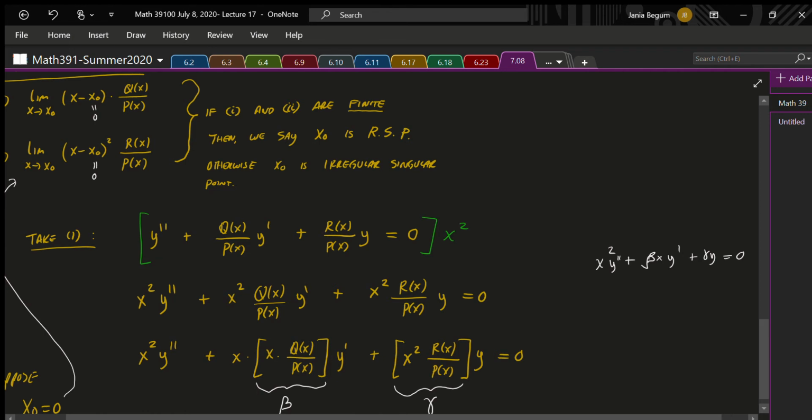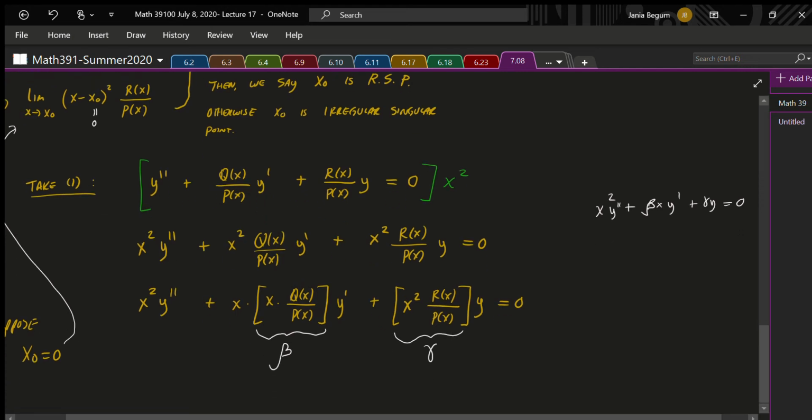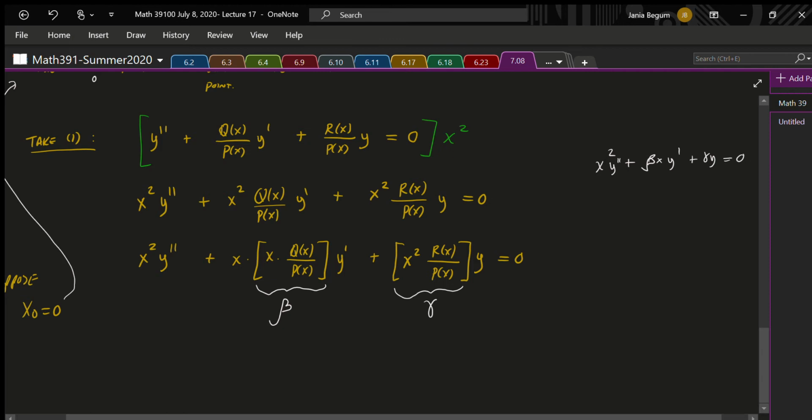In order for the singularity to be regular, you want these two limits to be finite because they really correspond to the Euler coefficients. So in this subtopic, we call beta and gamma Euler coefficients.